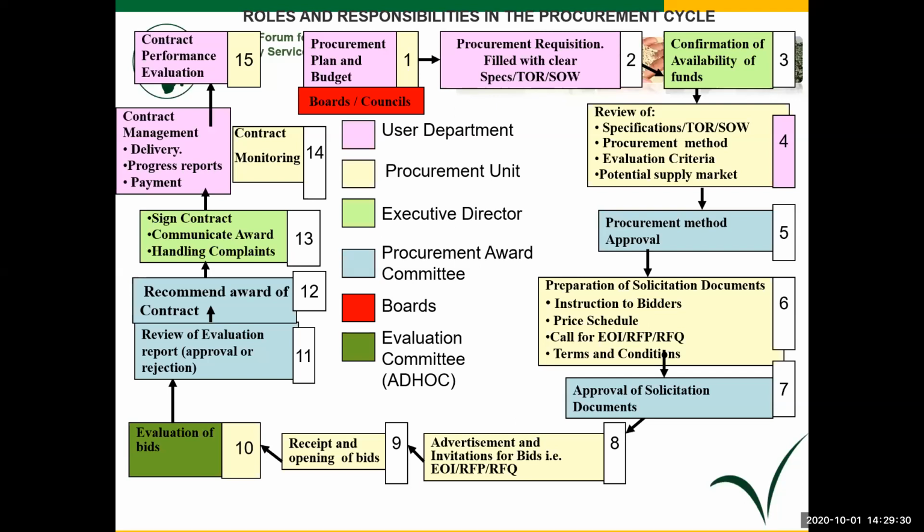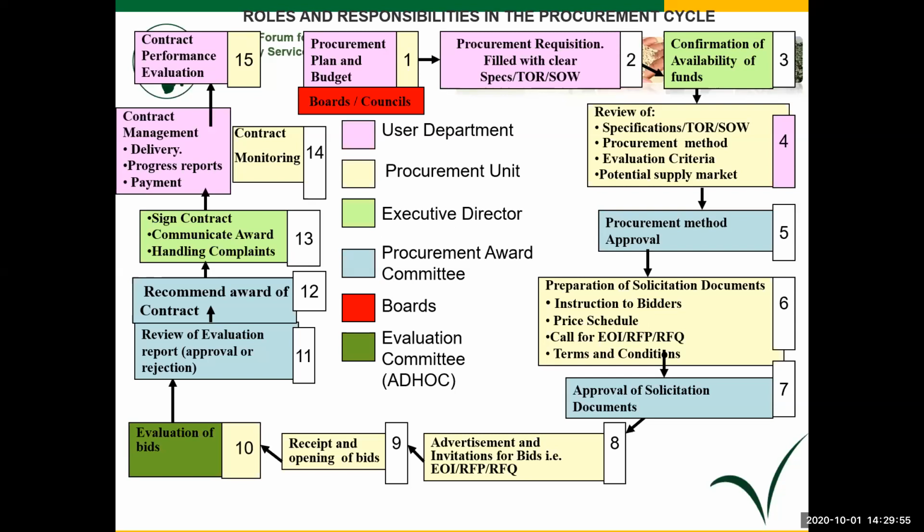Where you see green is the executive director. Procurement awards committee is blue. And then the board has red. And then the evaluation committee, which is ad hoc, has some green area, which you are going to discover is only in one area, which is around step 10. That's now an evaluation committee.